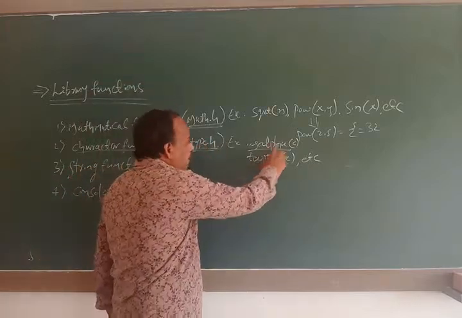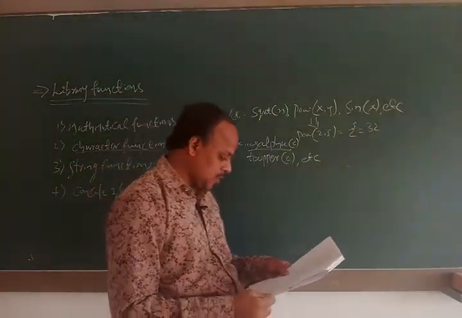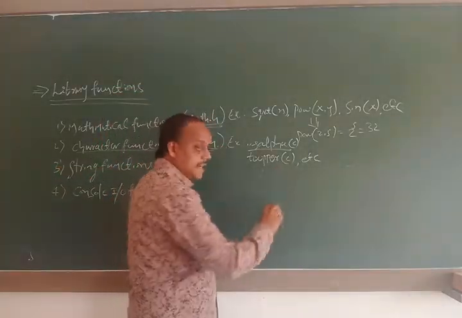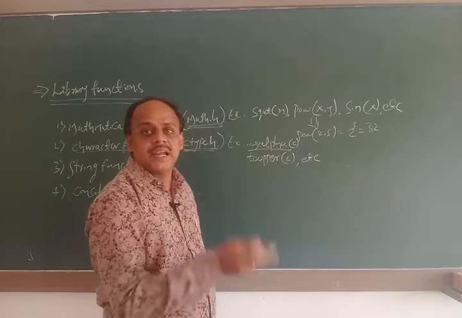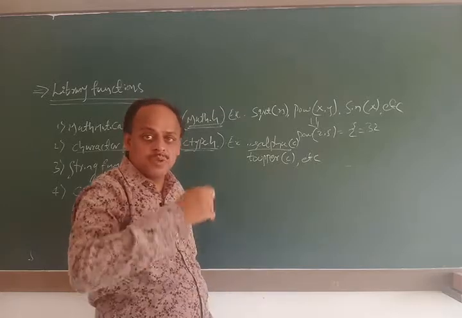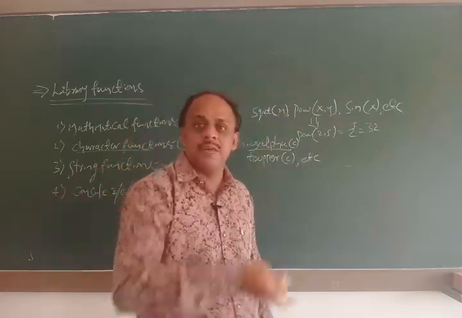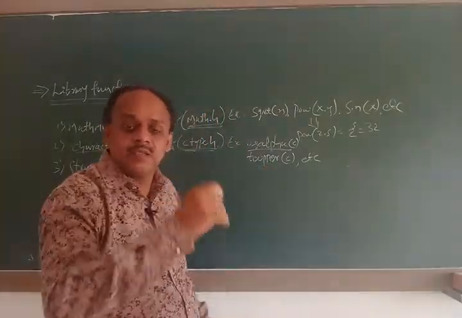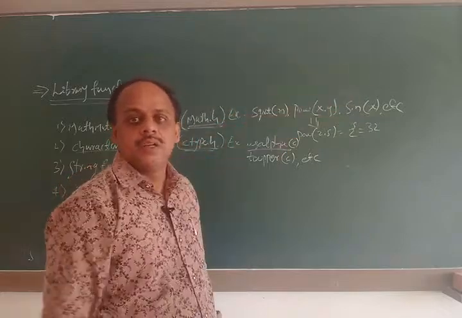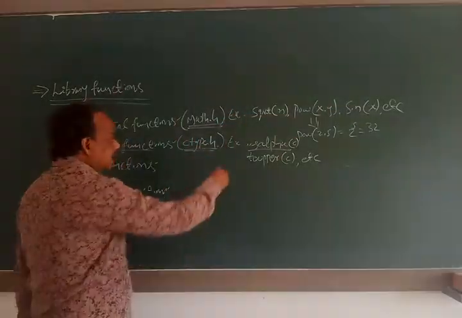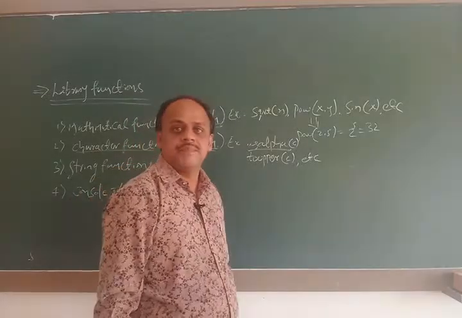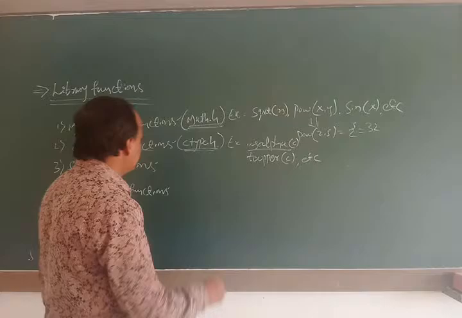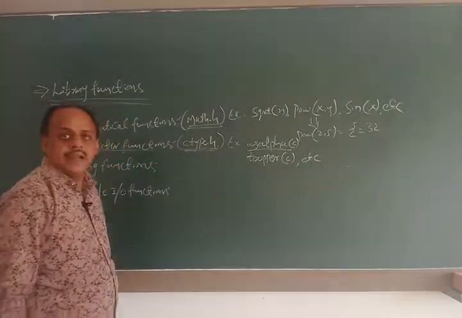Like this, toupper of C converts the entered letter into uppercase. Suppose we have to convert small a to capital A, we use the library function toupper of a, then the entered small a is converted into capital A. Like this, so many character functions are there. To include those character functions in our program, we have to use the ctype.h header file.